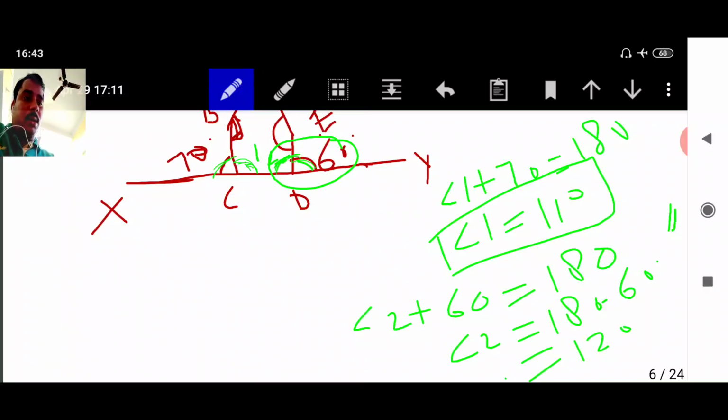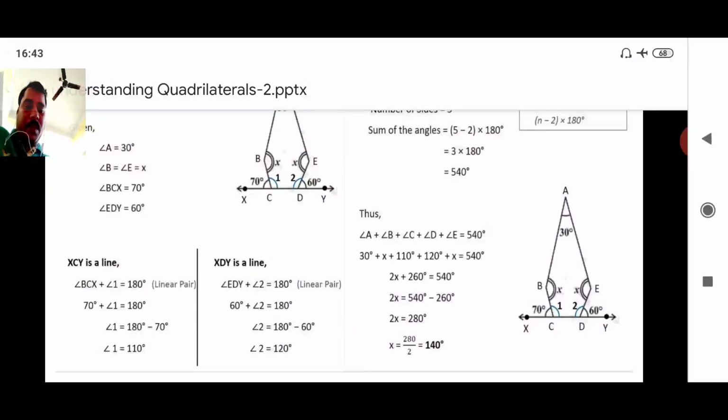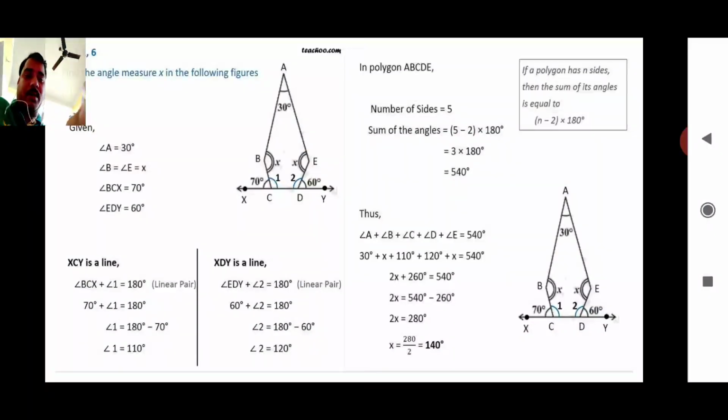Okay, this is angle 2. Here angle 1 equals 110, you can see XCY is a line. Angle BCX plus 1 equals 180, linear pair. 70 plus 1 is 180, angle 1 equals 110.